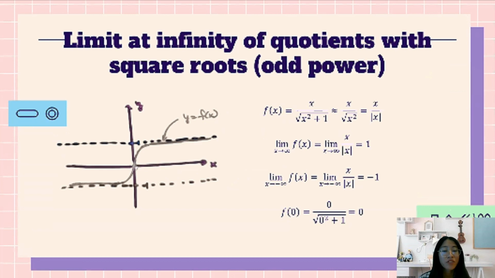So we have this point right over here, and we know that as x approaches infinity, we are approaching this horizontal asymptote, so it might look something like this. We get closer and closer. And then on the other side, we get closer and closer to this asymptote as x approaches negative infinity.